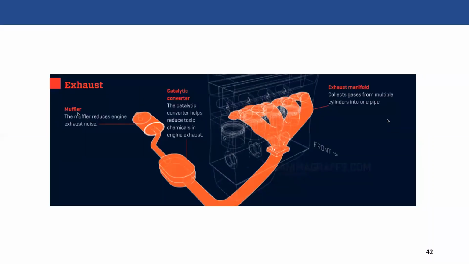And the last part here is the exhaust. This is the part that sucks out all of the combustion byproducts, going through a catalytic converter as well as a muffler. And this system is actually really important when we think about emissions.